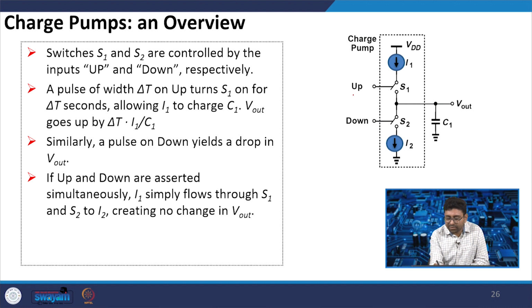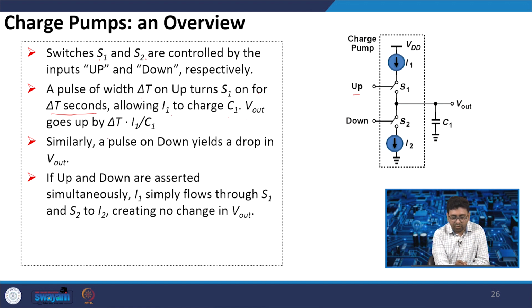Here in the charge pump, when QA is high, it will start charging this capacitor with the current, and when QB is high, it will start discharging. Here switches S1 and S2 are controlled by up and down respectively, and a pulse width of delta t on up turns S1 on for delta t seconds, allowing I1 current to charge C1.